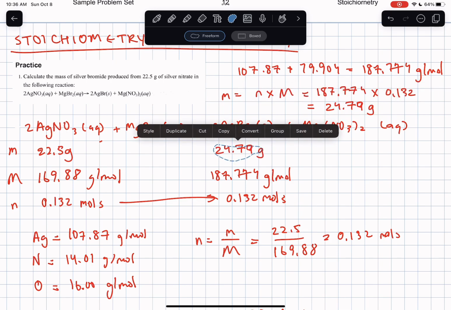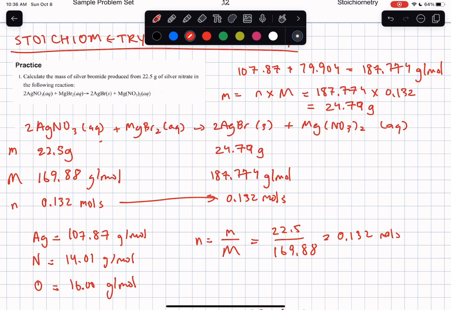And we can take that value and we can put it here. So that's our answer. So the mass of silver bromide produced from 22.5 grams of silver nitrate in this reaction is equal to 24.79 grams. And that's it for this problem.